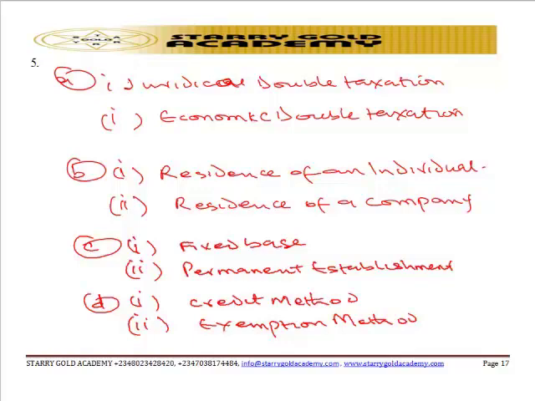The exemption could either be full exemption, in which case the entire foreign income is excluded from tax in the resident company, or exemption with progression, that is, the foreign source income is first included in the worldwide taxable income, and then the full domestic tax rate is applied. This method has greater effect in a progressive tax rate situation. That is that for question number 4.